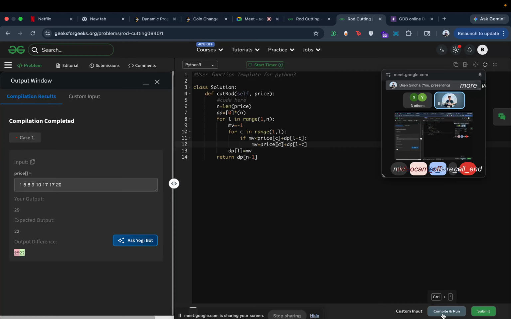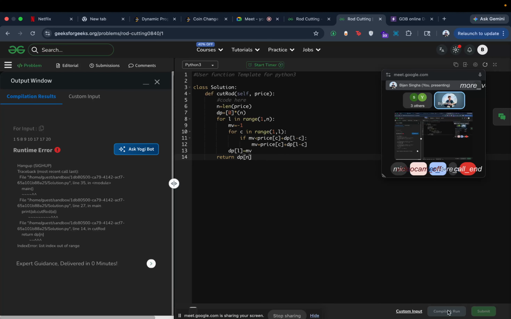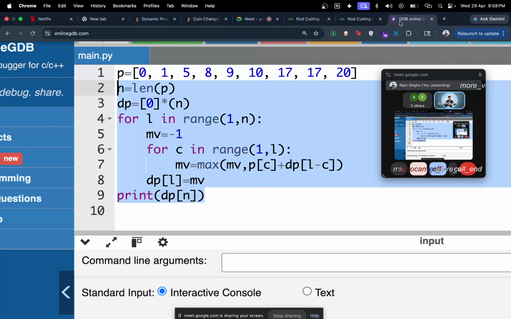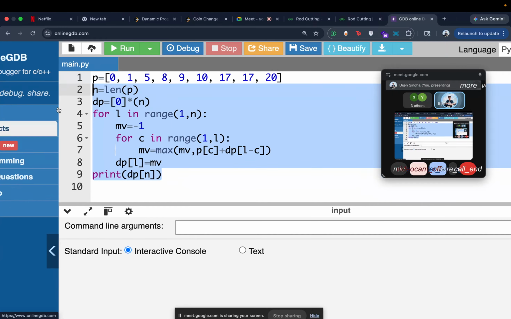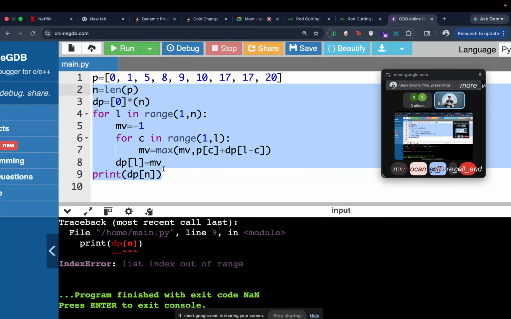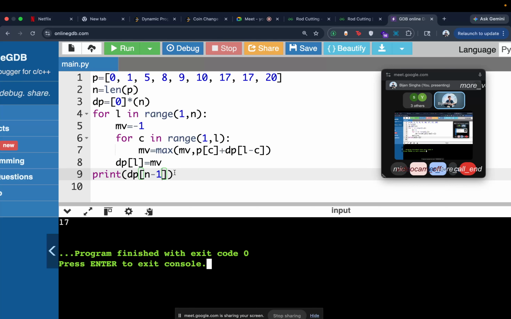Okay. What is the answer? Answer is dp of n, right? List out of index. dp of n here I am giving, right? N minus 1. What is the mistake, guys? It is 22, right?